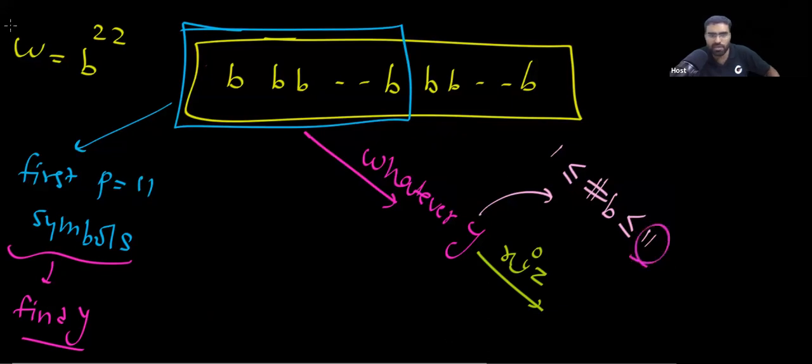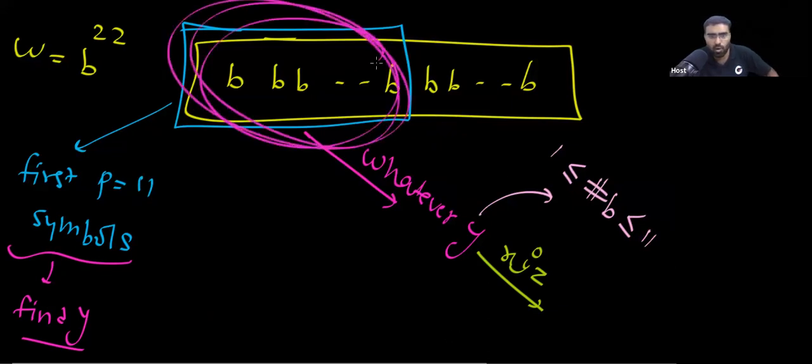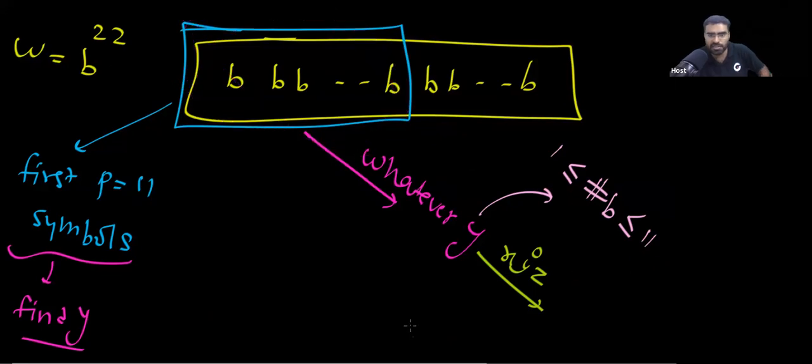For example, if I take y equal to all 11 b's, then the resulting string will be b power 11. If I take 10 b's, then the resulting string will be b power 12.